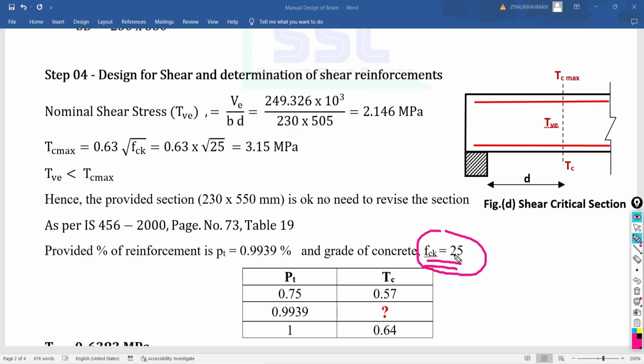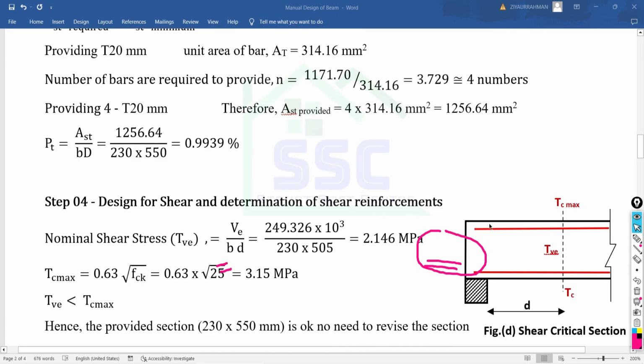The grade of concrete is M25, so accordingly the characteristic strength is 25, and also the percentage of main reinforcement, how much longitudinal reinforcement you have provided. Earlier we saw that in our flexural design we provided the percentage of reinforcement as 0.9939. So we have to take this percentage of reinforcement into consideration also.